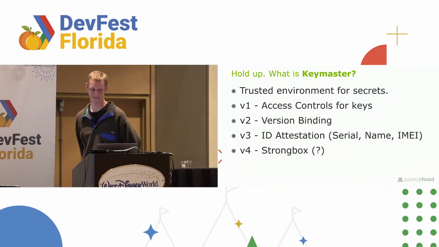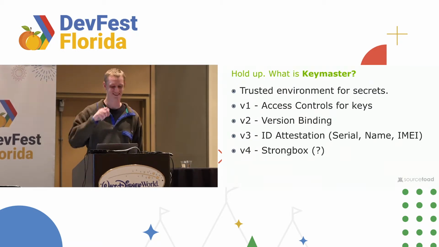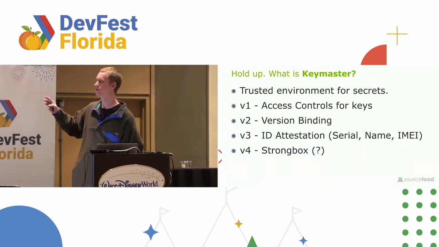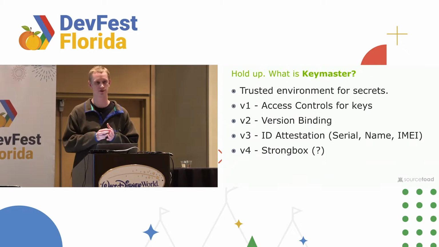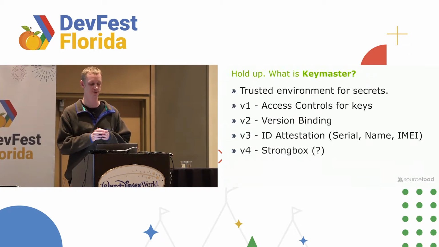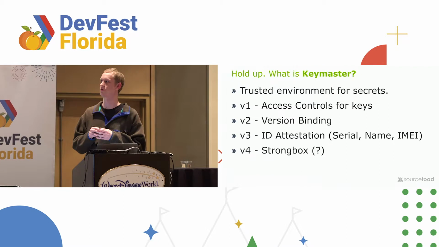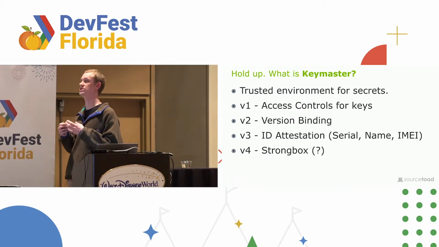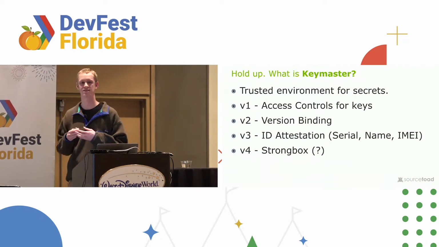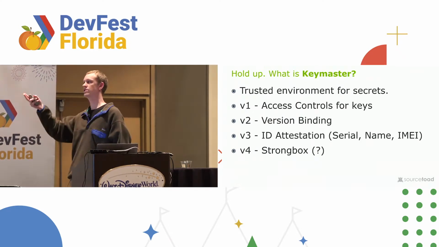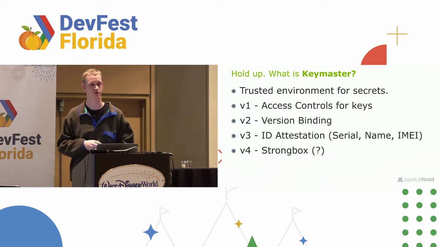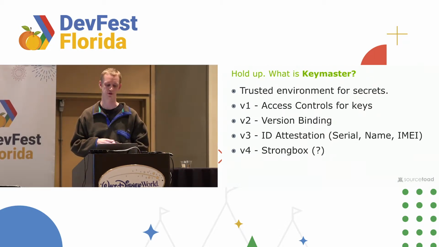But now it's time. Keymaster is this great thing we're going to look at, which has grown over the years. We don't have to worry about what all this means, but the idea is that there's a block of code, a location on your Android device, which goes way back to that hardware section, where you can store secrets. This might be anything that is re-authing itself behind the scenes, probably storing something in a location. It started off just as access controls, which isn't very good, so it moved to version binding.